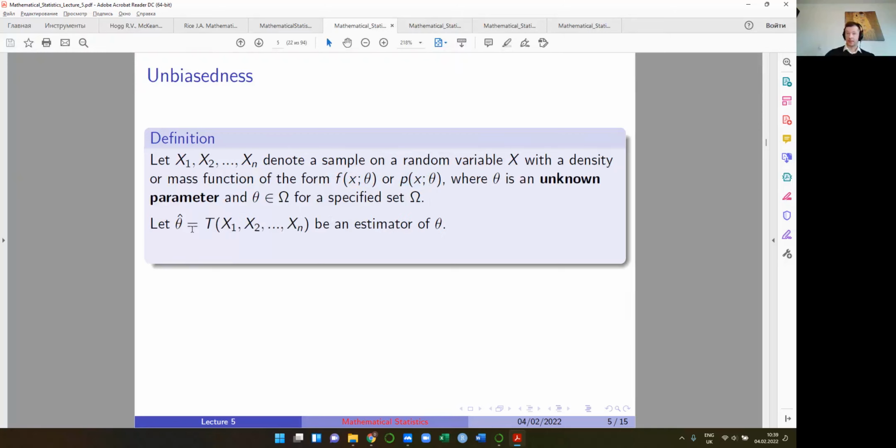Well, theta hat is an estimator. That's what we did yesterday. An estimator is a function of a sample. And we say that theta hat is an unbiased estimator of theta if the expectation of this estimator, because an estimator is a random variable and theta is a number, a constant, equals the true population parameter, the unknown parameter.